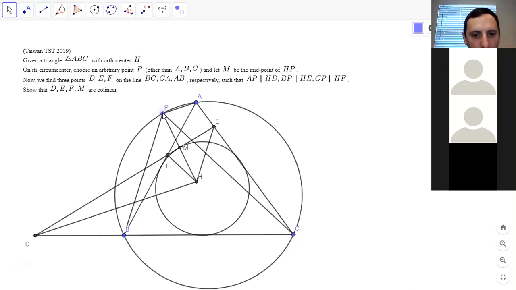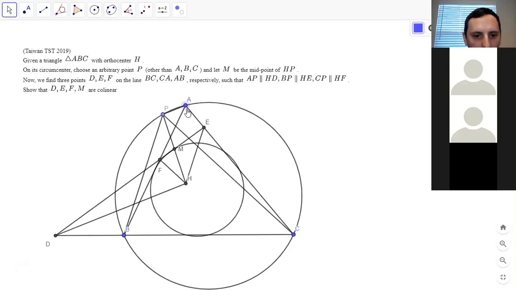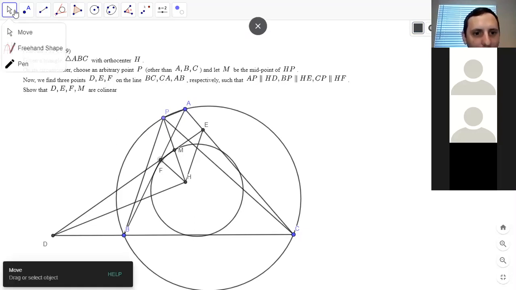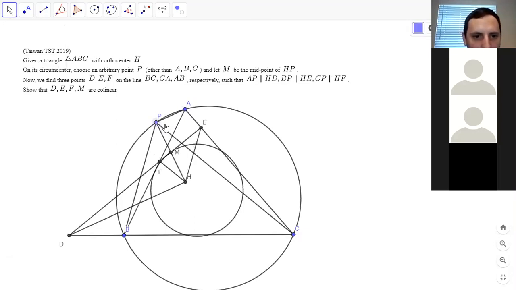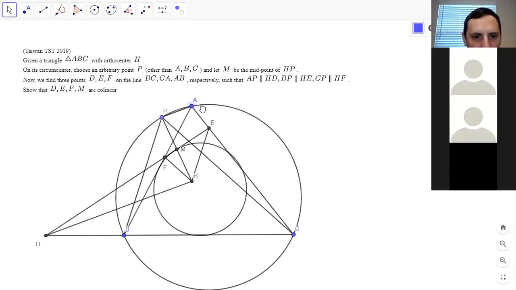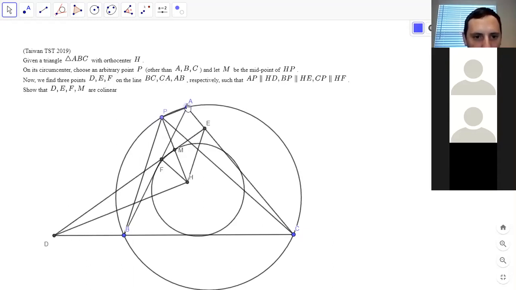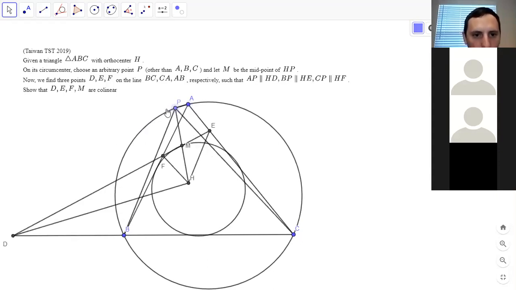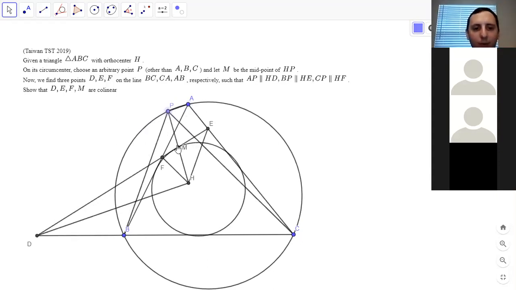Is it tangent? Tangent. Oh yeah, it does look tangent to the 9-point circle. Let me try moving A around, but yeah, in general, it looks tangent. So what we want to do is draw the tangent to the 9-point circle at M. Actually, I'm not that sure.